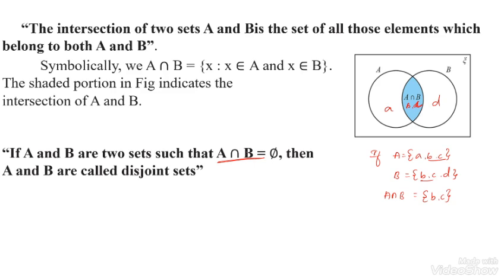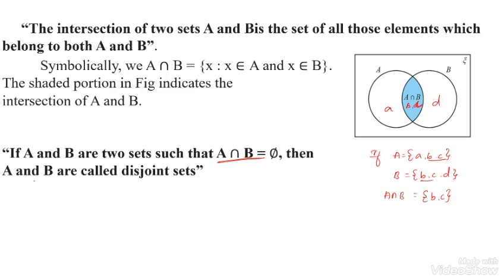If there is no common element between any two sets, then the result will be the null set. At that time both sets are called disjoint sets.